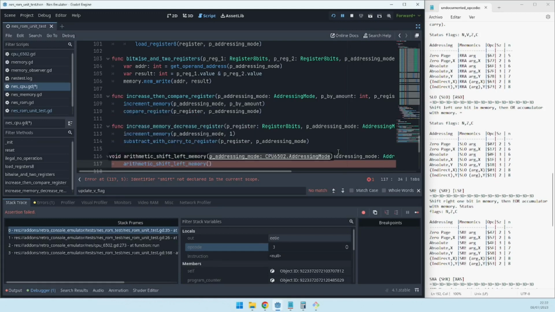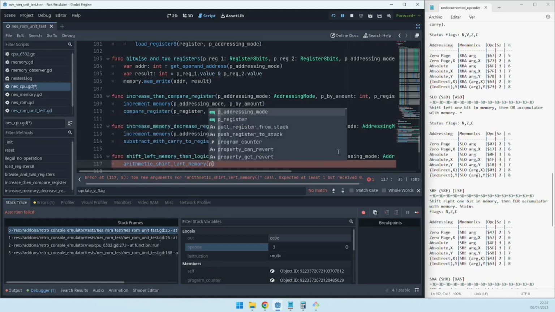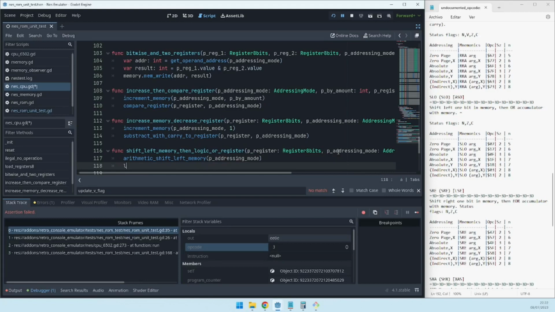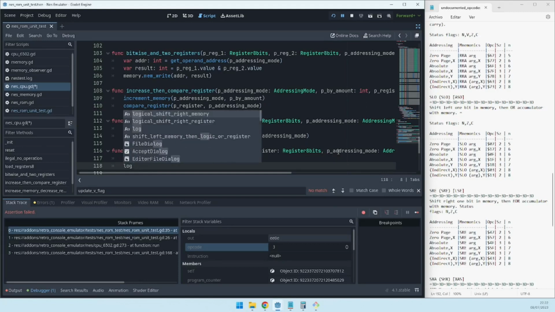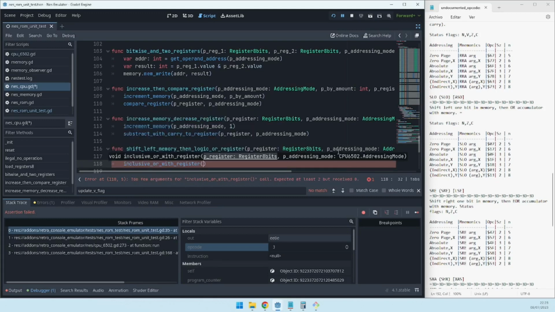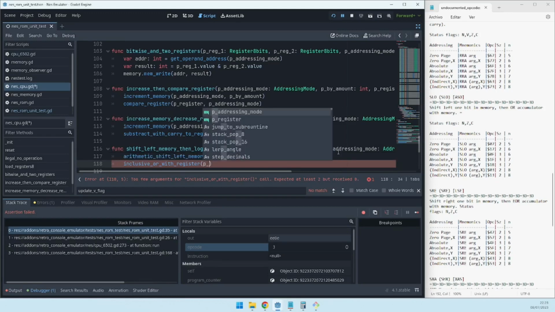So we want the one on the memory. And we are going to pass the addressing mode. And now we want the logical, no, OR register, inclusive or exclusive OR with register. I think it is inclusive. A register and then the addressing mode.